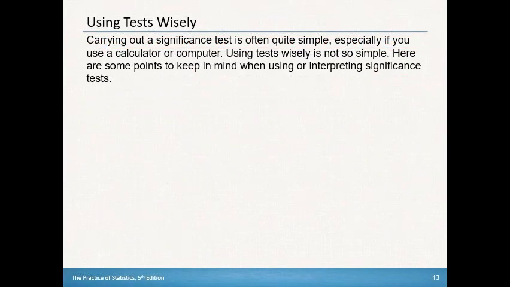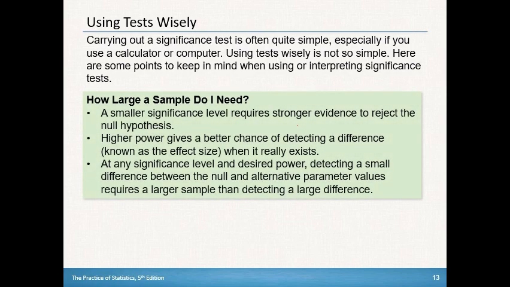All right, so it's fairly simple sometimes to run these tests, especially if you're using your calculator. But there's a couple of points to keep track of, so that you're using these t-tests correctly. So let's look at a couple of things. Small significance levels, that means alpha levels, require stronger evidence to reject the null hypothesis.